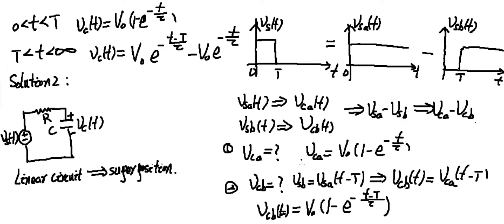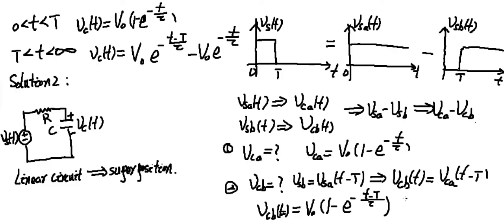Now we can subtract those two output functions, VCA(t) and VCB(t), utilizing this linear property. So let's write it out. By the way, we forgot one point.